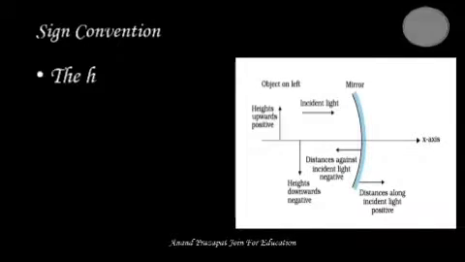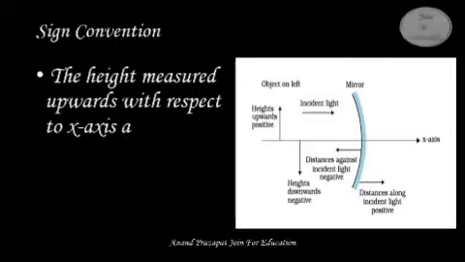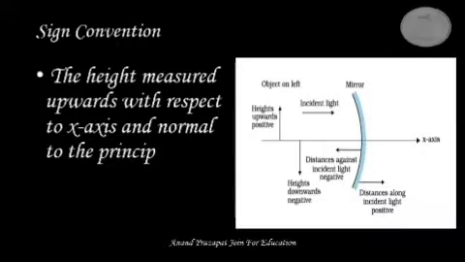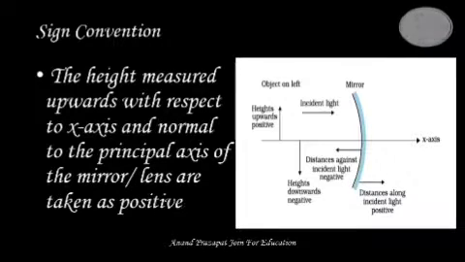The height measured upward with respect to the x-axis and normal to the principal axis of the mirror or lens is taken as positive. Normal means that vertical distances above the x-axis are positive. Vertical distances below the principal axis, the x-axis, are negative.